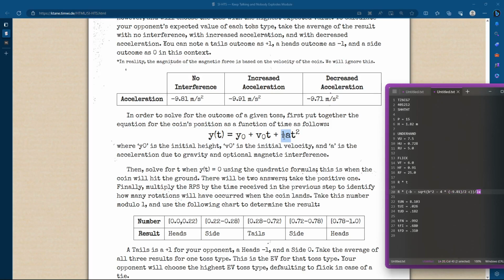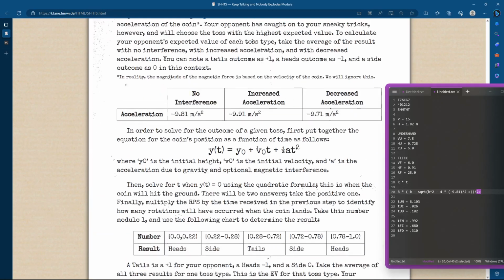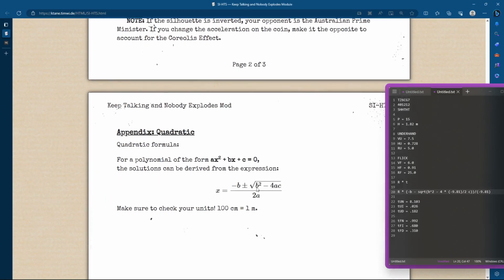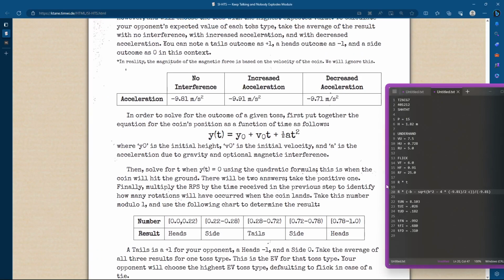Let's plug it in. Now, the 1/2 here cancels with the 2 over here. So this will actually just be negative 9.81, because that would be negative 9.81 times 1/2 times 2. That makes sense.